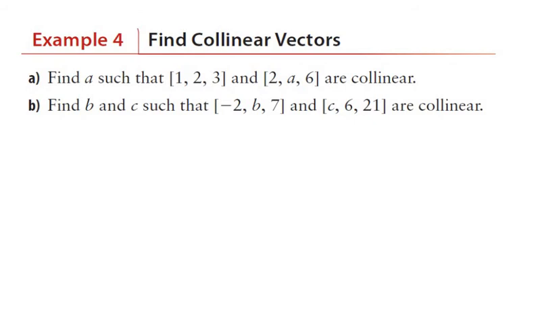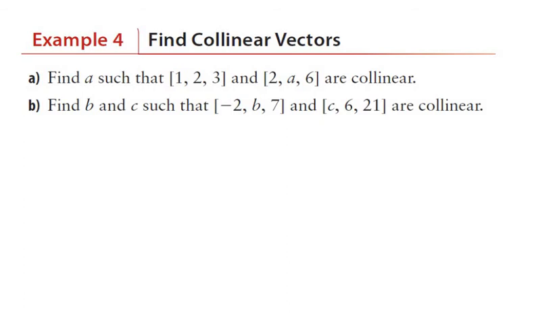Find b and c such that (-2, b, 7) and (c, 6, 21) are collinear. Now as you see here, 21 is equal to 7 times 3. So it means that c will be 3 times negative 2, so c will be negative 6. And b must be 6 divided by 3, so it's going to be 2.